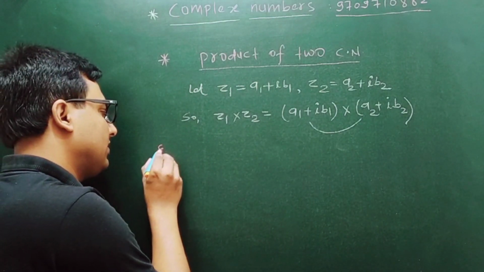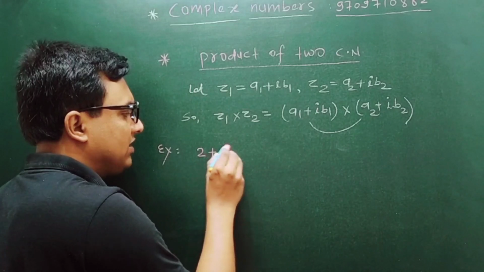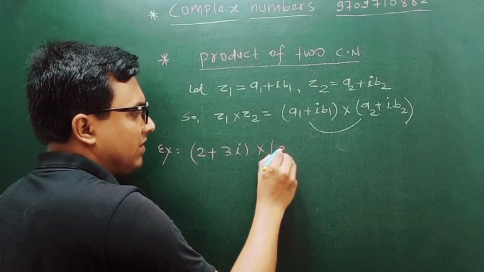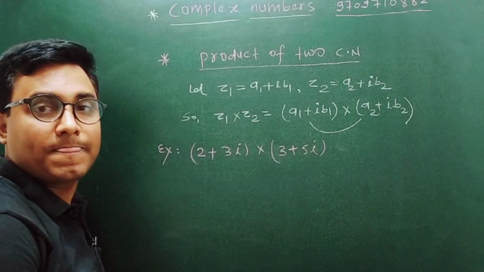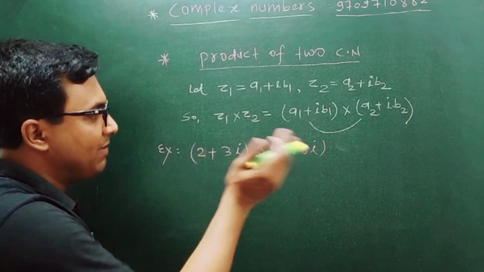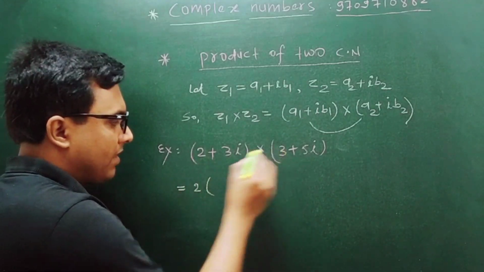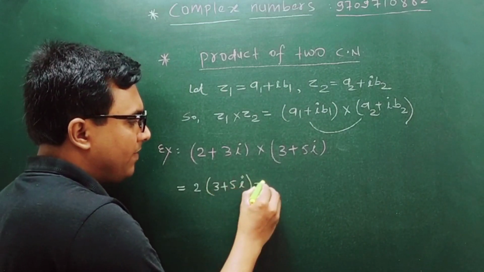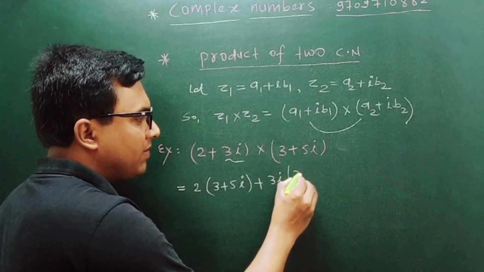Now take an example to clear this concept. 2 plus 3 iota into 3 plus 5 iota. How can we solve this? Evaluate this: 2 into 3 plus 5 iota, plus 3 iota into 3 plus 5 iota.